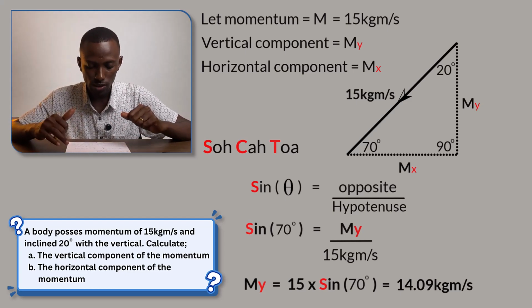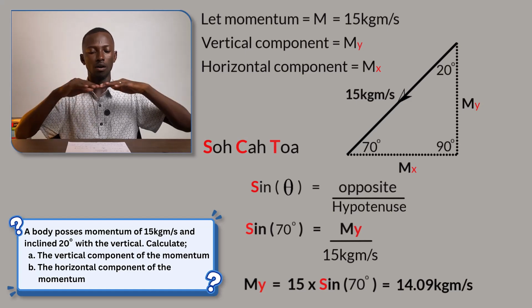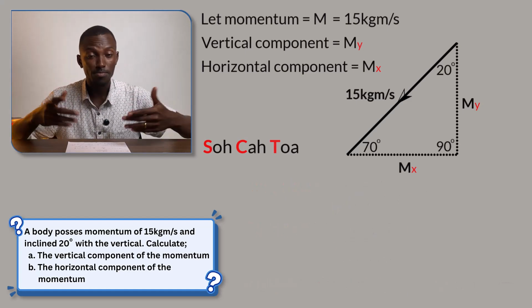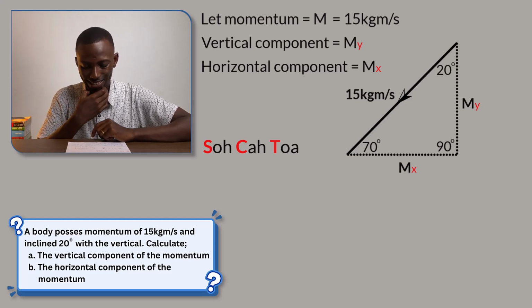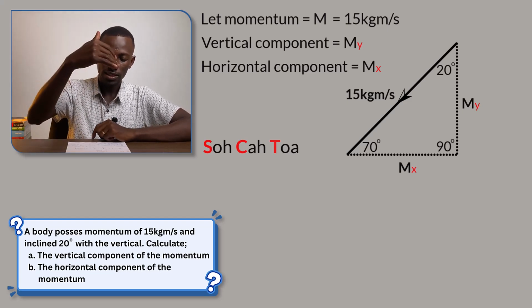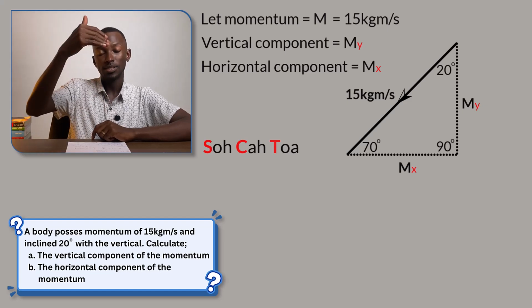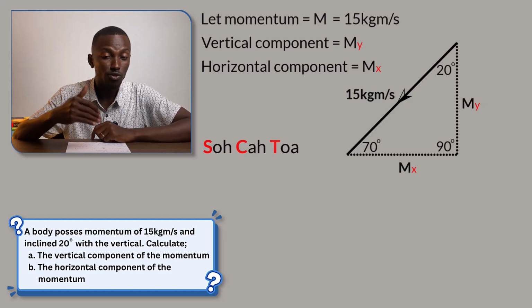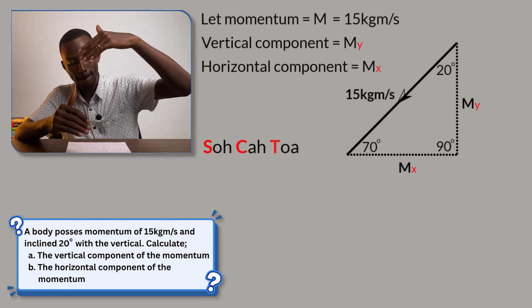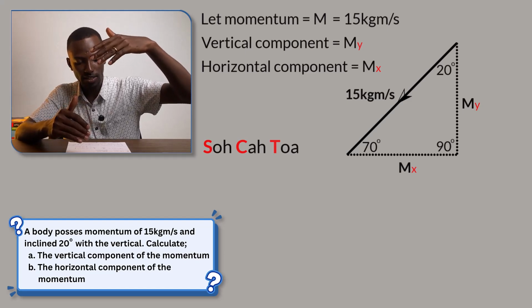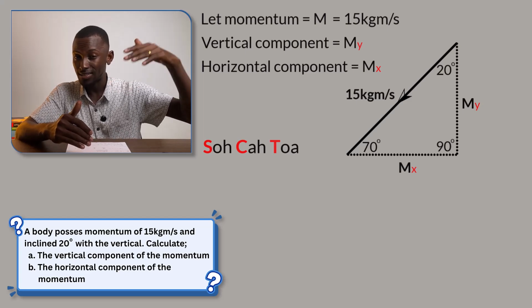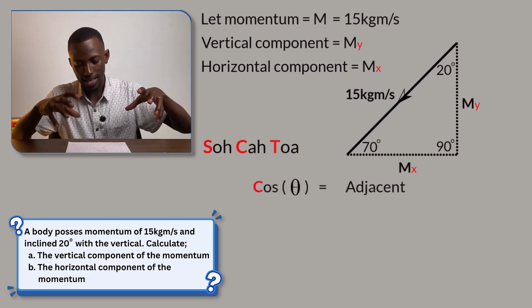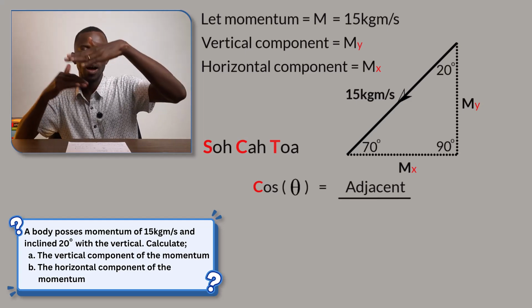We have the next one, which is the horizontal component, mx. For that one, we can still use the hypotenuse and the adjacent. Which of the trig ratios has hypotenuse and adjacent? That's cos. So cos theta equals adjacent over hypotenuse.